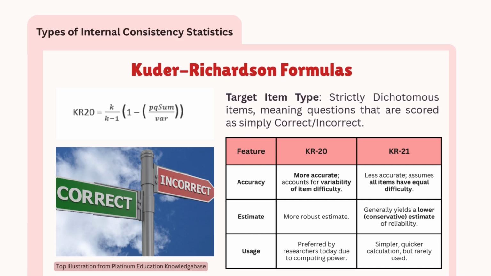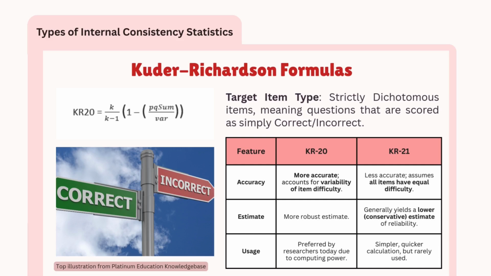So KR-20 is a more accurate formula because it accounts for the variability of difficulty of every single item. So it basically takes into account how each single item could be different in terms of how hard or difficult they are. So if some questions were much easier or much harder than others, KR-20 factors that into the final reliability estimate, making it a robust measure.